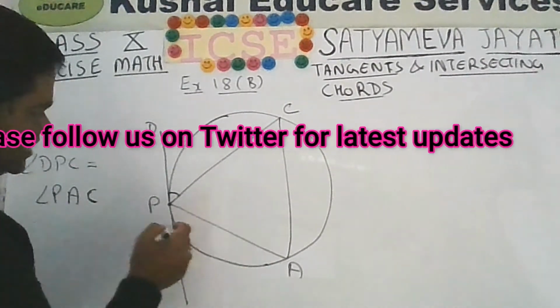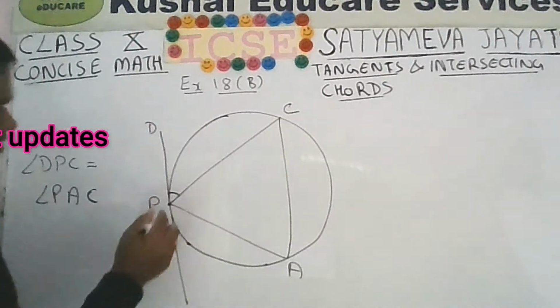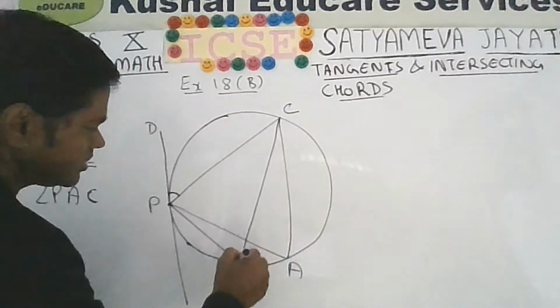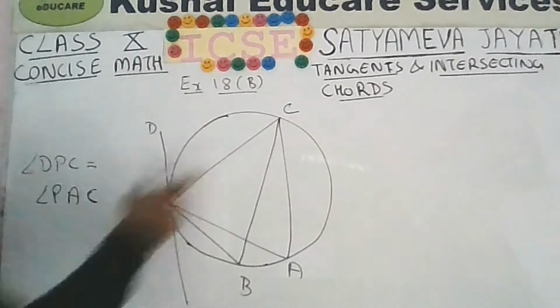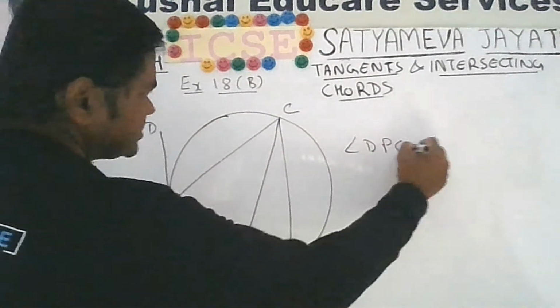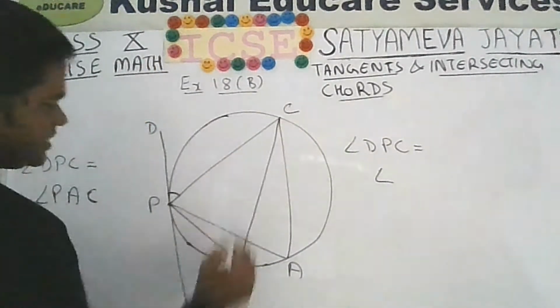Now if you are having any other angle by the same arc, same chord CP, let us say like this. Let us call this point B. Then also we will say that angle DPC, let me write here, angle DPC, it will be equal to angle PBC, this angle.